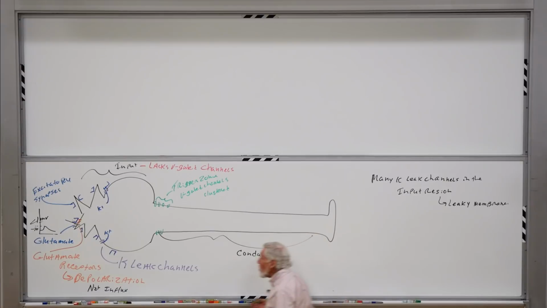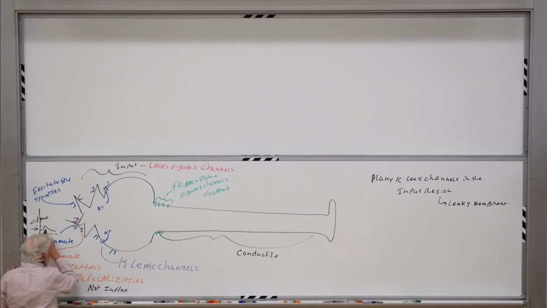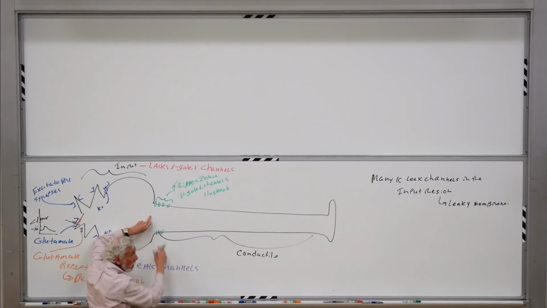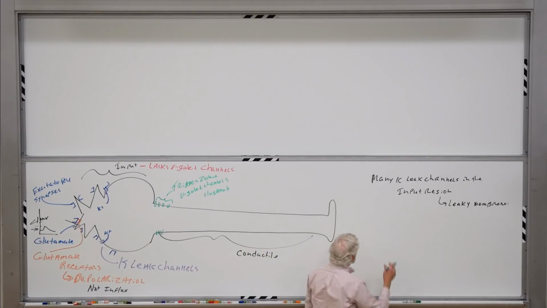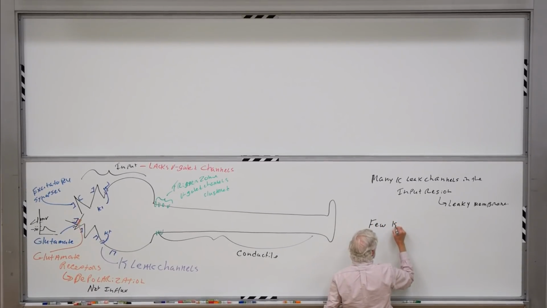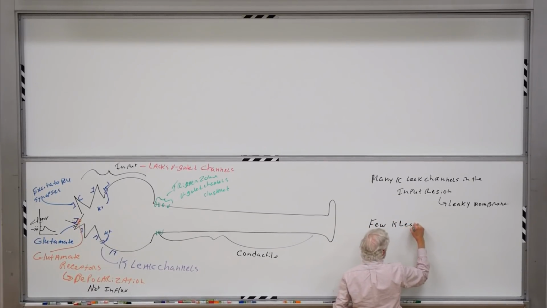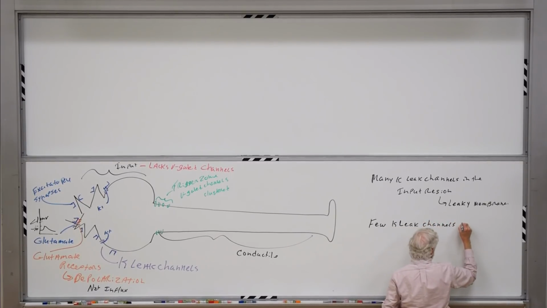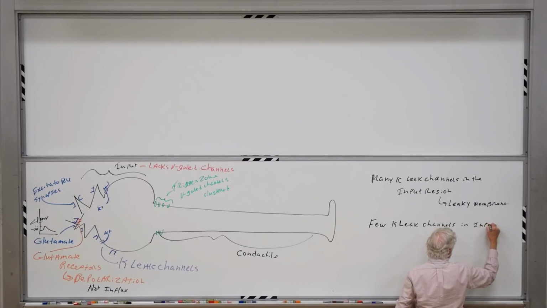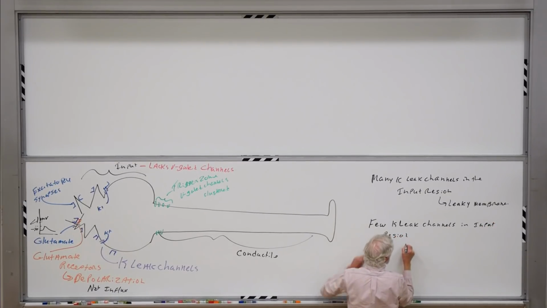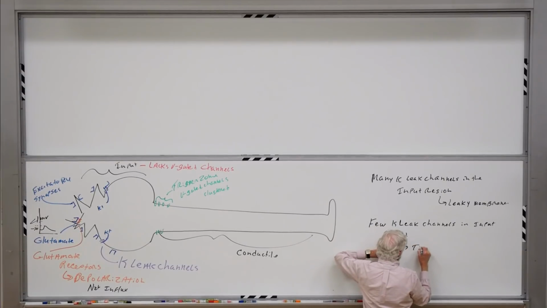So if it's leaky membrane, that means this amplitude is going to decay considerably by the time it reaches the trigger zone. The converse of that is to say that we have few potassium leak channels in the input region, in which case we have a tight membrane.